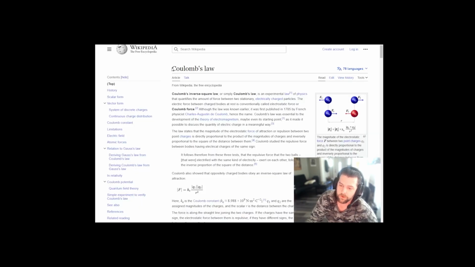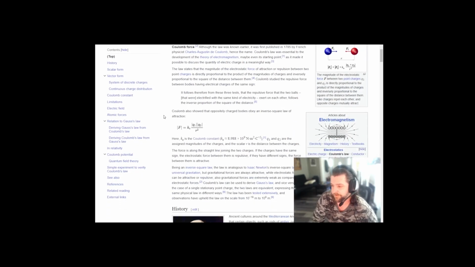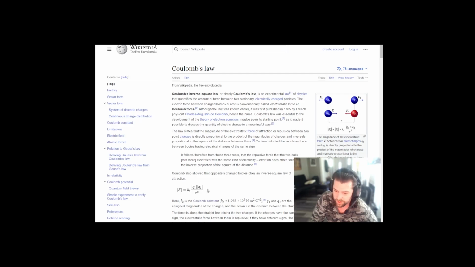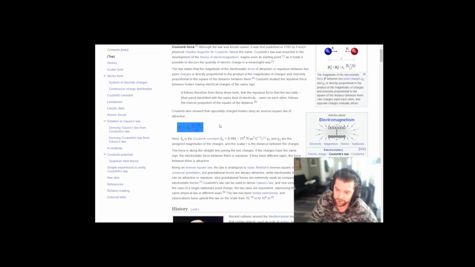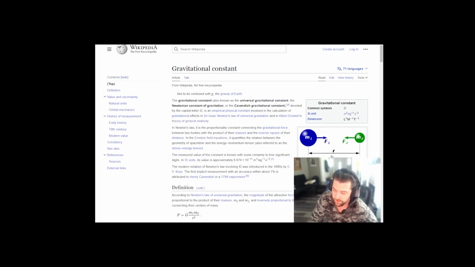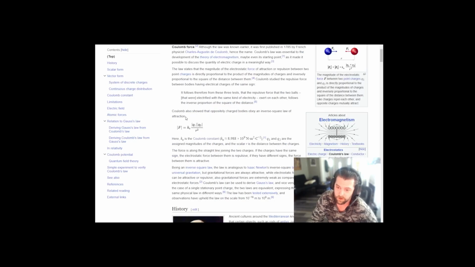Now, if we look at Coulomb's constant, it's a little different, though you'll notice the equation is pretty much exactly the same. For Newton, it was the gravitational constant times m divided by r squared. Well, for Coulomb, it's the constant times charge strength times charge strength divided by r squared. And the units of Coulomb's constant are a Newton times meter squared.